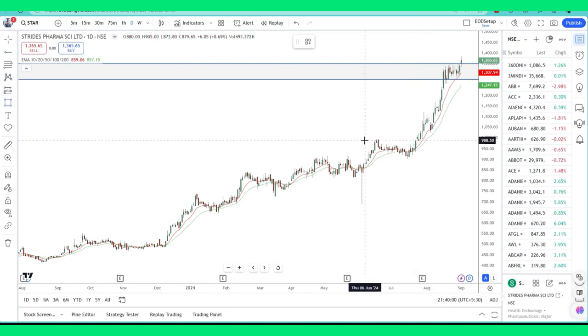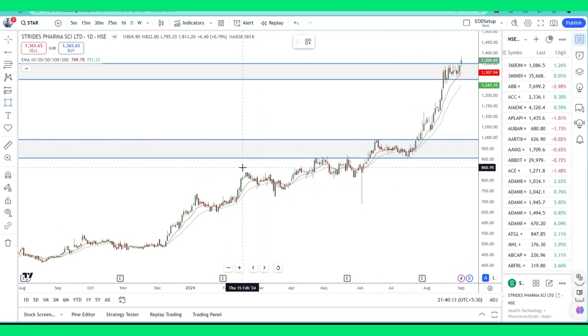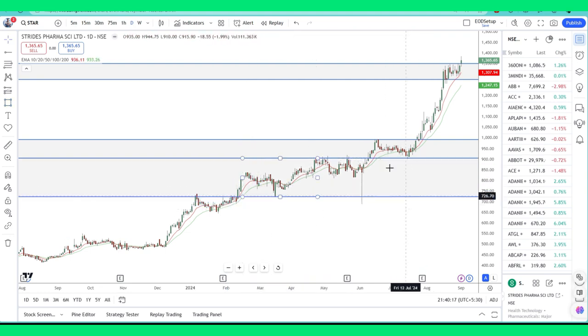Then it moved up, again a small consolidation here and then up. Before that, this was a consolidation range. So the stock tends to consolidate and then move up, right?